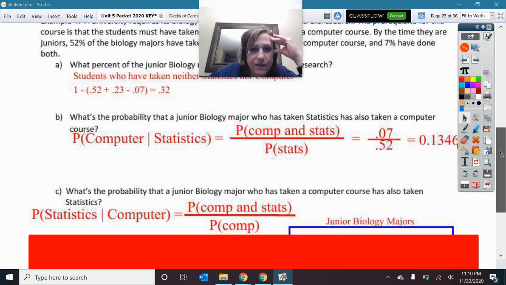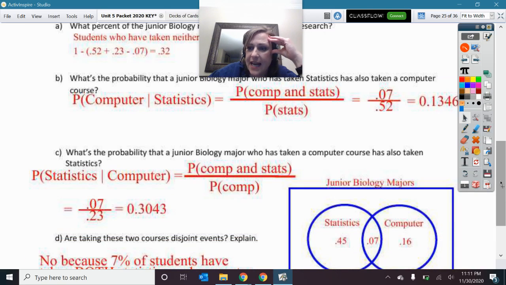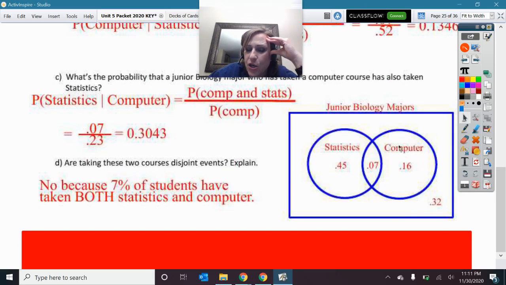So I think I had even come down here and made a Venn diagram of it to kind of talk through it. Okay. And so I put those in there. So they were all the biology majors. 52 had taken statistics, and then 23 had taken computer, and 7% had taken both.